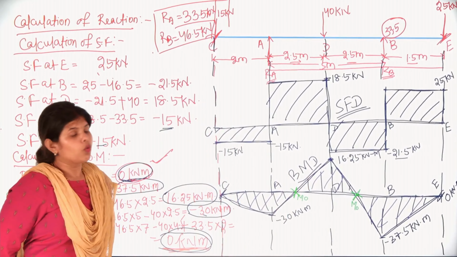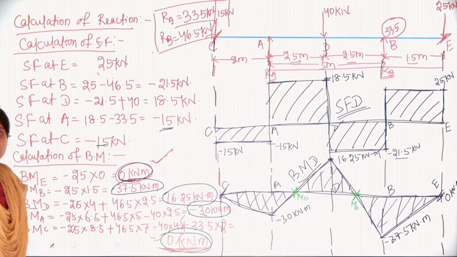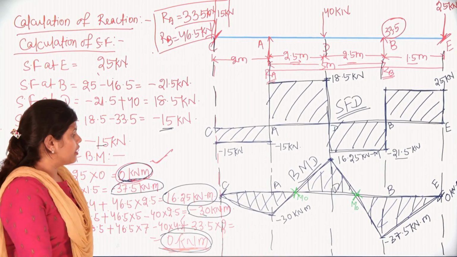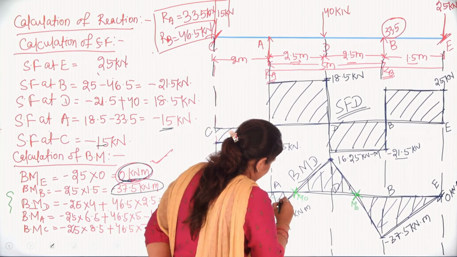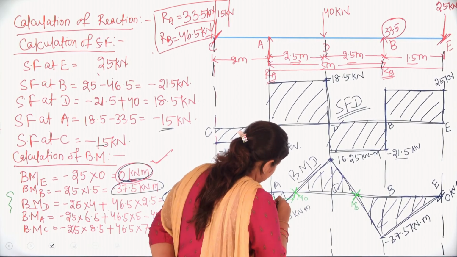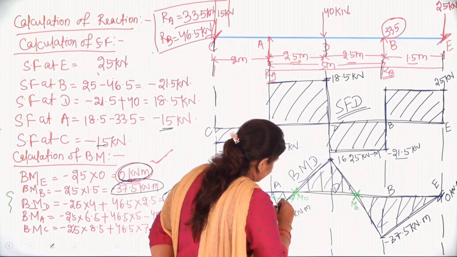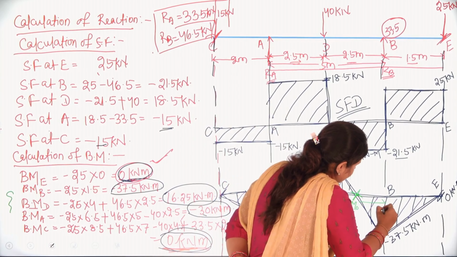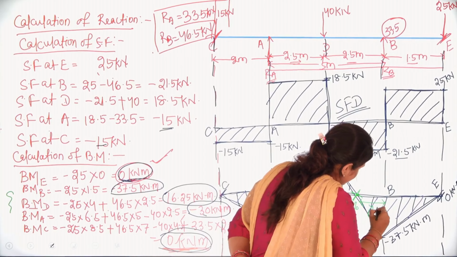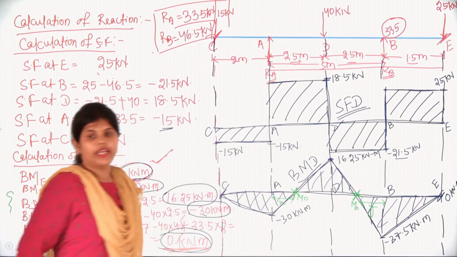Now we can say we have 2 points of contraflexure, and let's name the distance from this to this as x, and this to this as y.